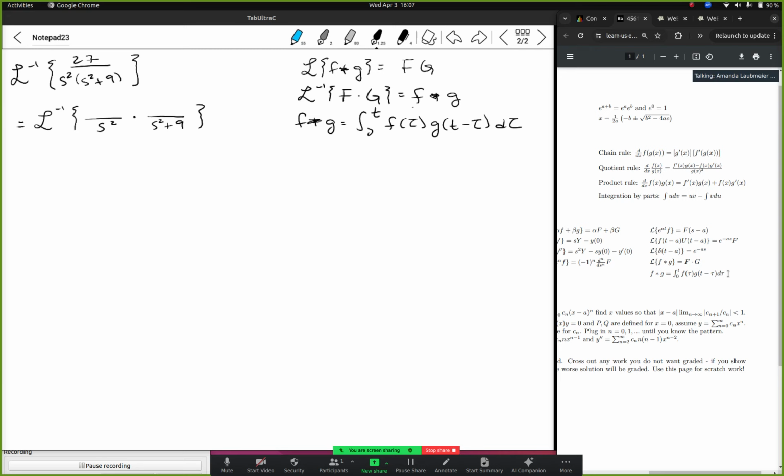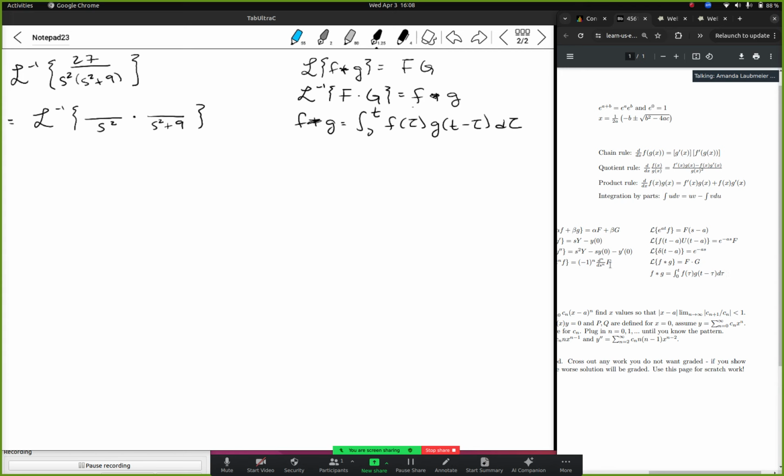We do have to pick how to break up the numerator, this 27, and the way we're going to do that is you could, absolutely foolproof, just put 27 out here and put 1 on top of each and then treat them separately. What I'm going to do though is leave behind the numbers that would be useful for taking my inverse Laplace of either part separately.